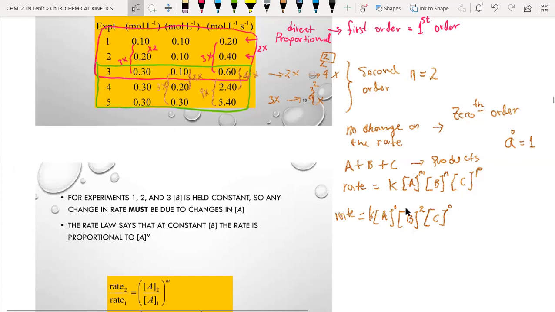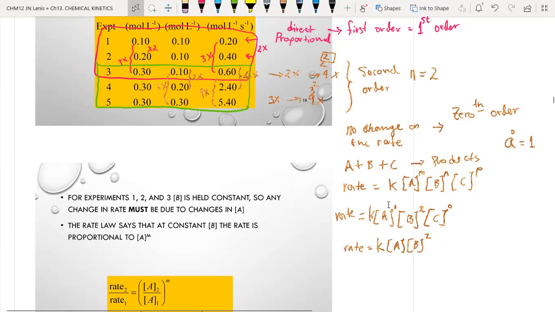So you can rewrite the rate law and you say the rate for the reaction equals constant times concentration of A times concentration of B squared. That's it. And you have 3 reactives. This is first order here, that's 1. We don't need to write it.